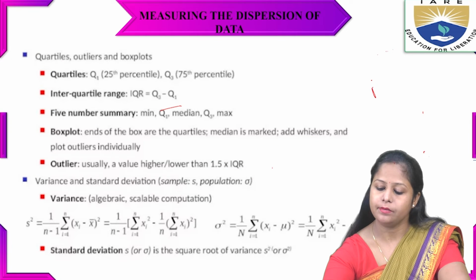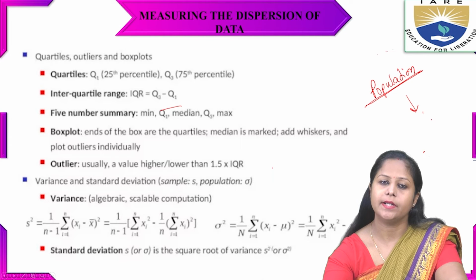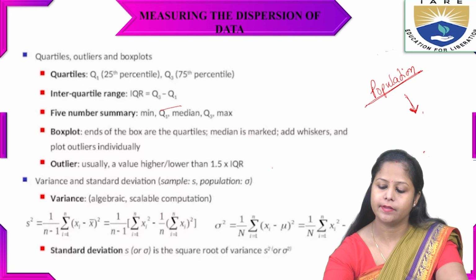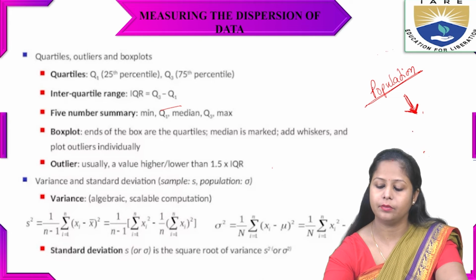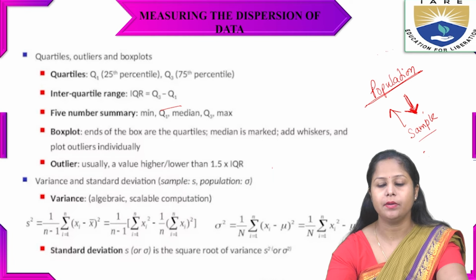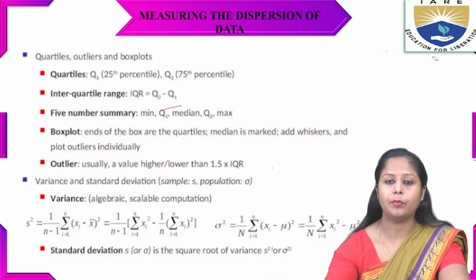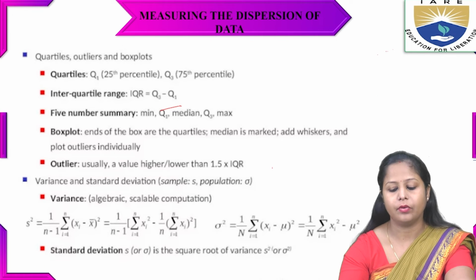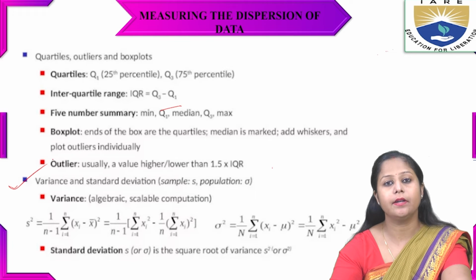So what is a population? A population is the set of all data that exists, and a sample is some of the data we take from that population. If the sample holds true, the population also will hold true for that. So we will calculate the variance and standard deviation for that.